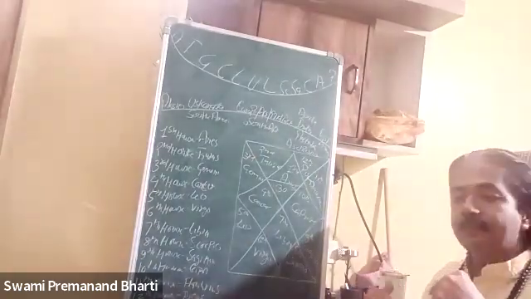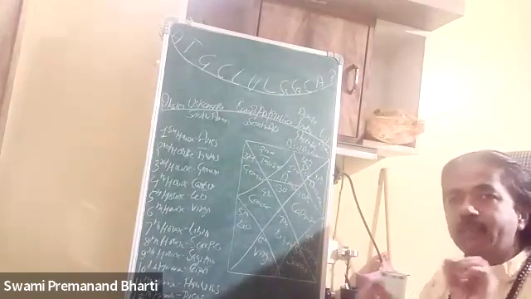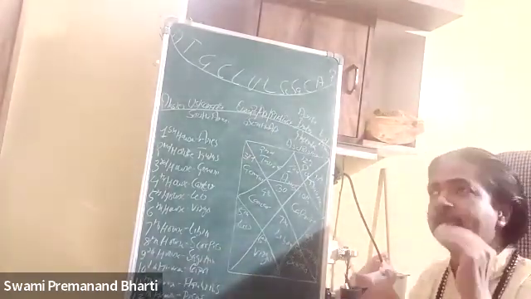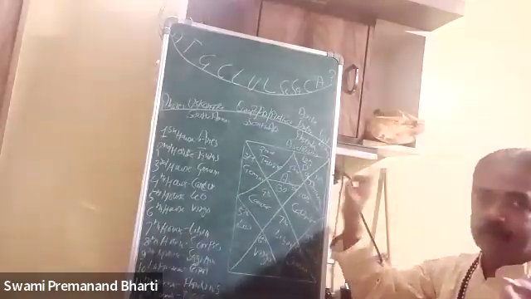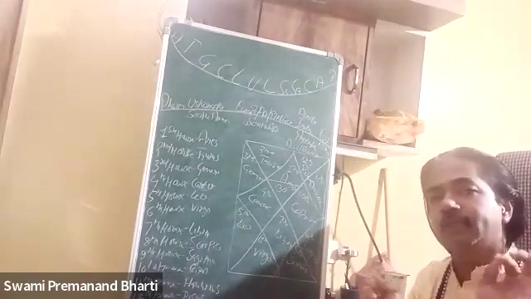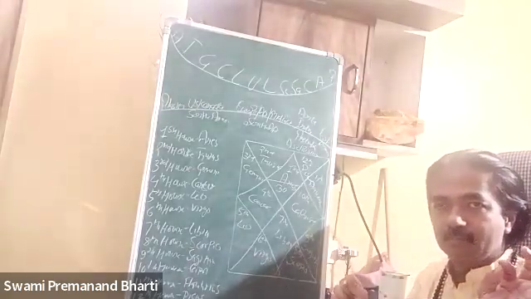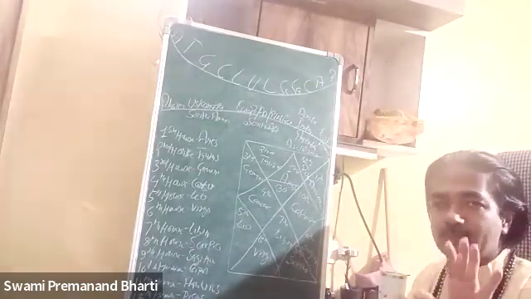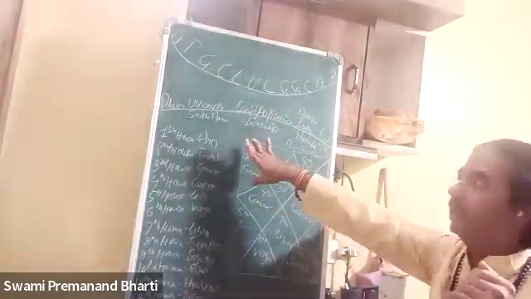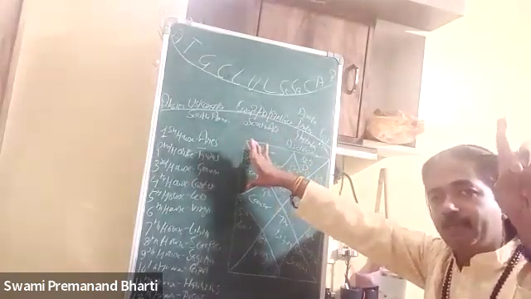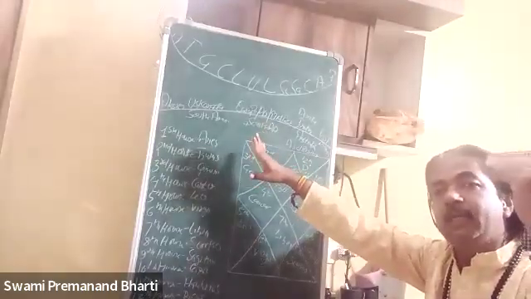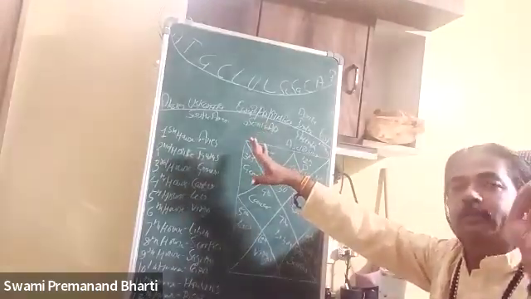Then these houses have corresponding signs. Corresponding means the house and the corresponding sign represent almost the same things. Like the first house and Aries. Aries is the first sign. The first house represents a few things, and Aries also represents almost similar things.